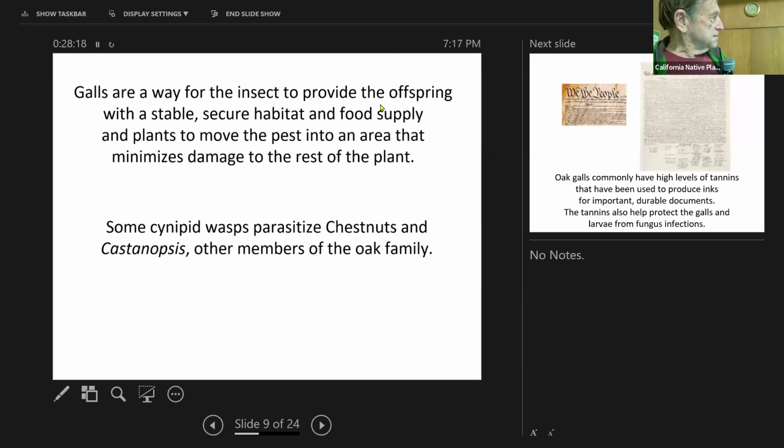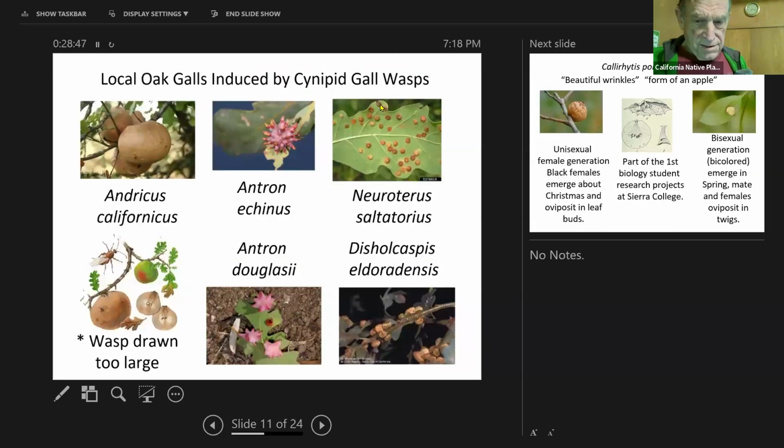There are a few species that attack chestnuts, and those of you that know Castanopsis, the other member of the oak family here in the state, there are some galls on both species of Castanopsis. They are not very well known either. There aren't many folks who take the time and energy to study these things. So if anybody is interested, there are still plenty of opportunities to actually publish some papers on this.